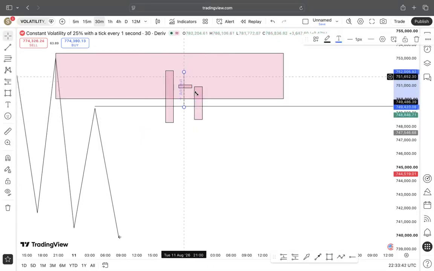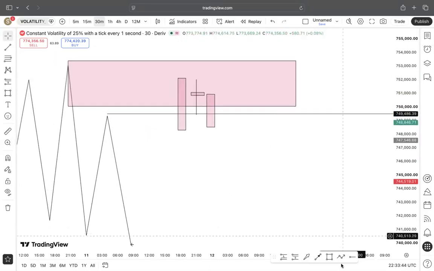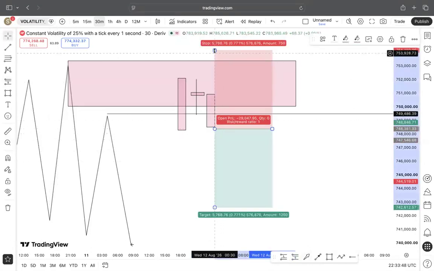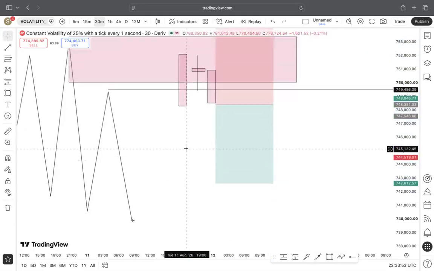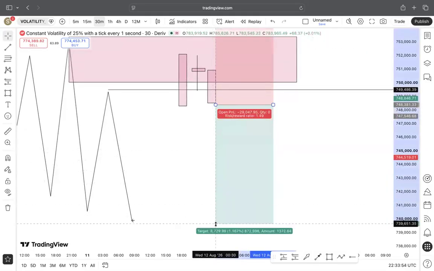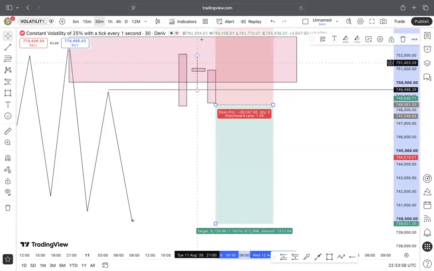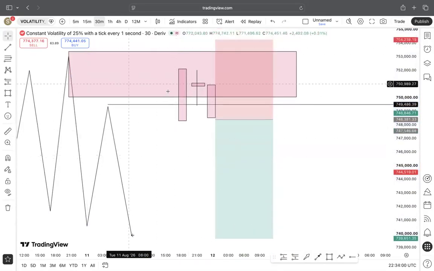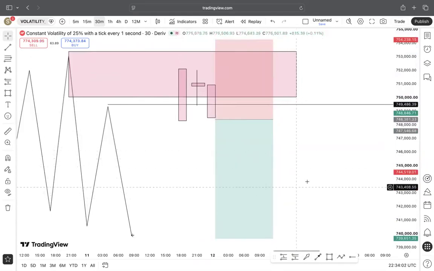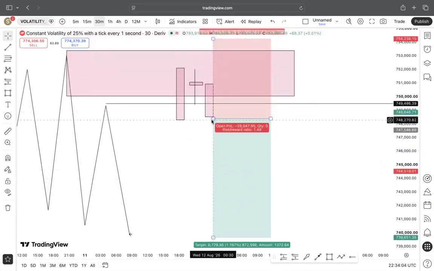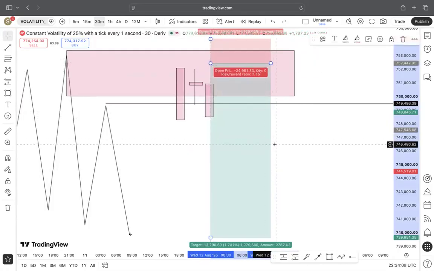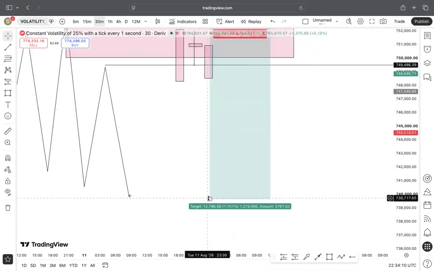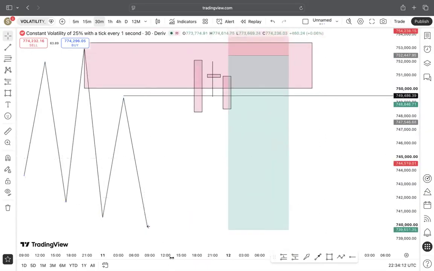Okay, it must close below this, and then my entry will be at the close of this third candle. My stop loss for my strategy is usually above my zone, and then my take profit is where price starts retracing from before taking out my structural points. So I can have something like this, but the candlestick can form somewhere here and all that. Okay, so look out for this.